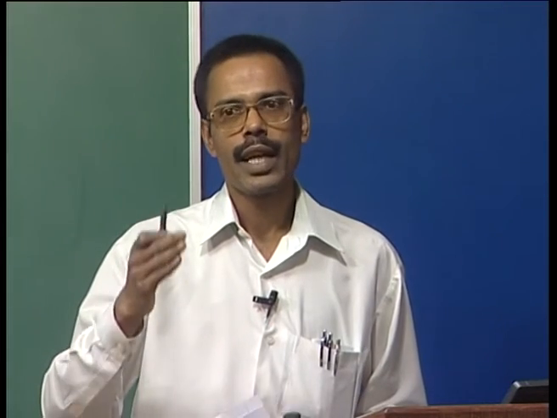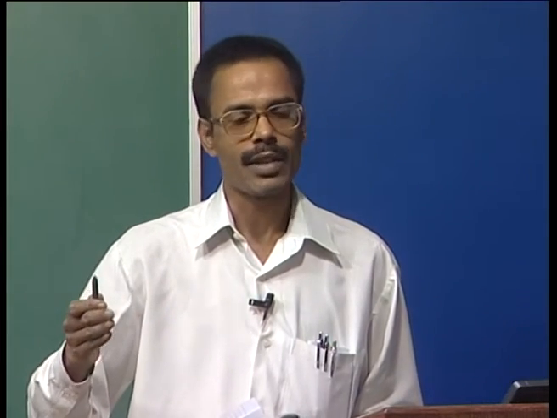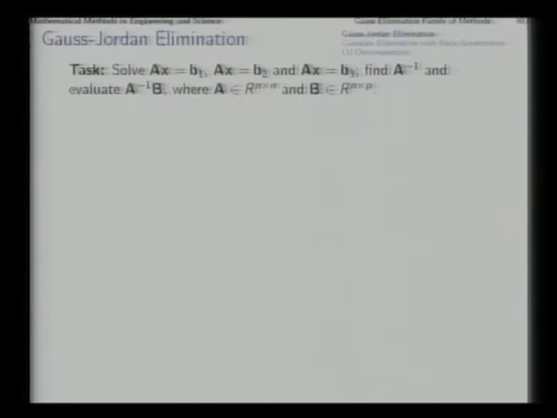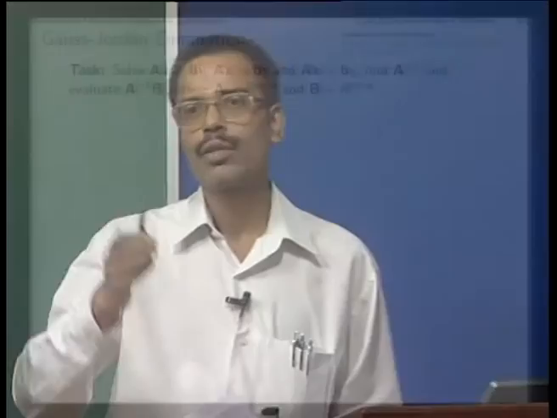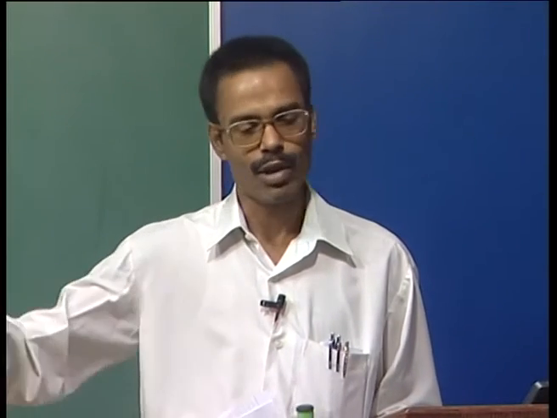They are the n columns of the identity matrix, because A times A inverse is identity. That means A into the first column of A inverse equals the first column of the identity matrix, and so on.